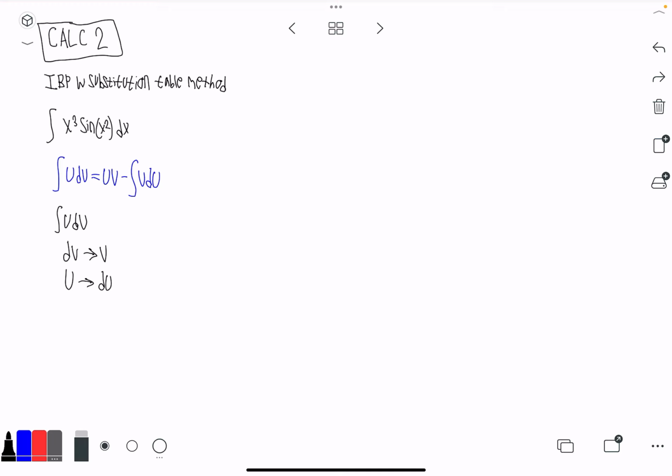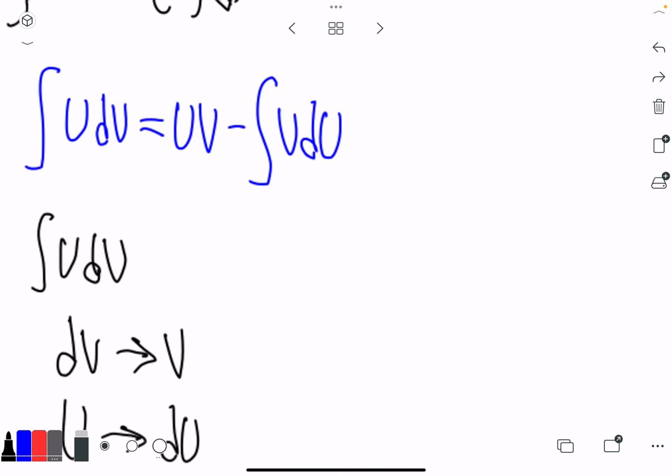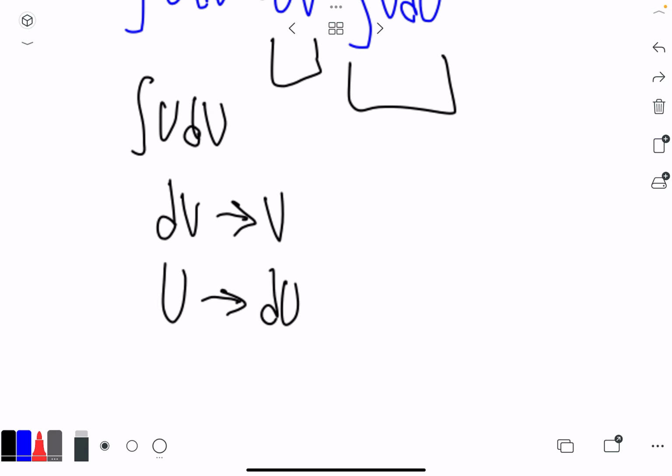So that you can rewrite it in terms of uv minus integral of v du. So one part of it you need to differentiate, and the other part of it you need to integrate.